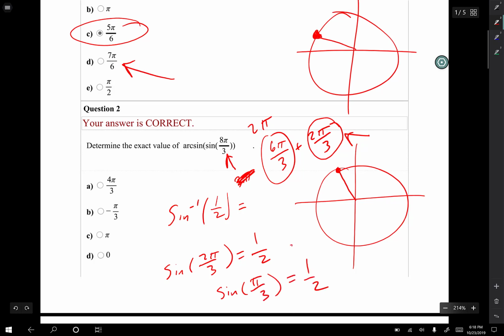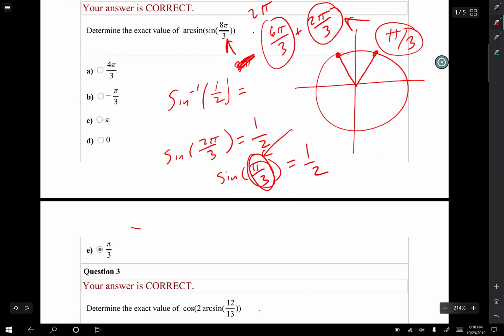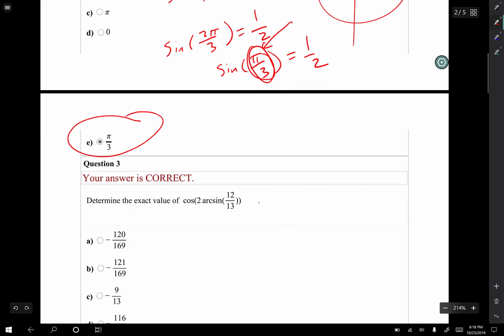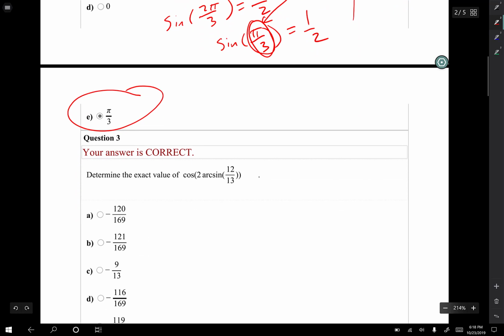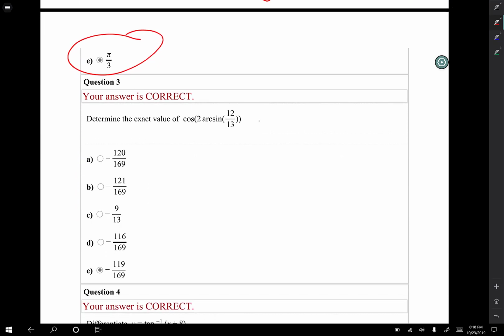So pi over 3 is your answer. See? You just got to know pre-cal on those. If you don't know pre-cal, feel free to come in, and we will talk pre-cal, guys. For those of you watching from out of town, let me know, and I'll create a pre-cal installment instead of just always doing calculus.